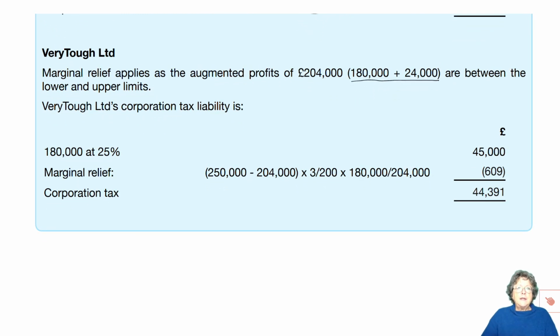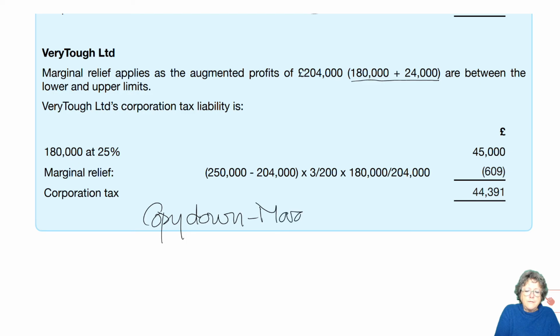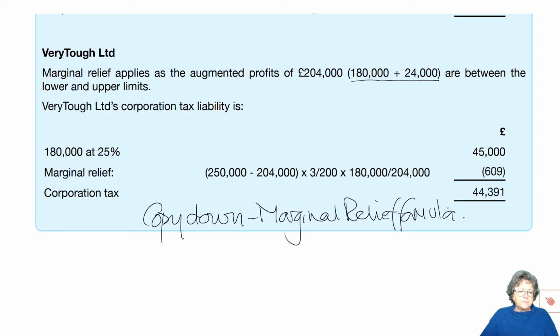Now, with anything like this, copy down from the notes the marginal relief formula. Okay, please copy that down. Then insert the numbers, which is what we've done here.